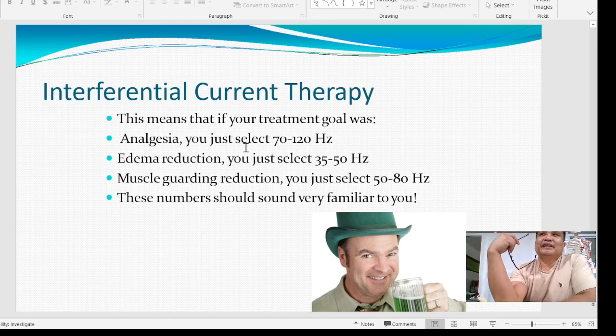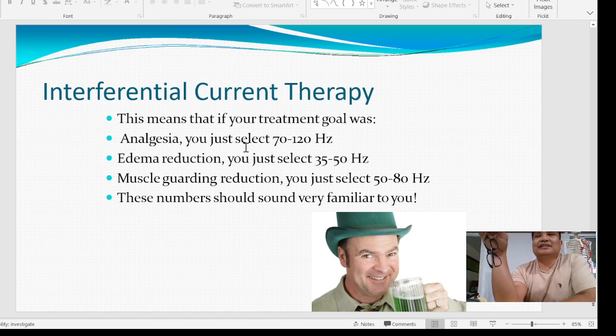So if it is pain, you go to the high frequency, which is high rate, 70 to 120. If it is reduction of edema, you need a muscle contraction and the muscle pump action. So you need the muscle to contract to trigger the muscle pump.